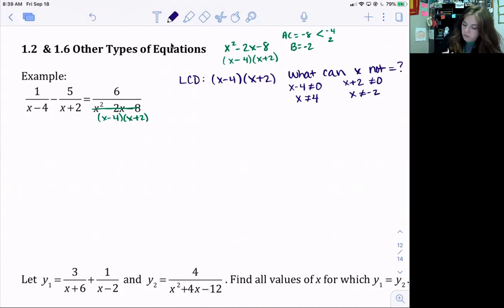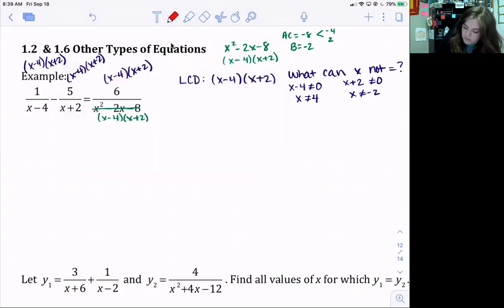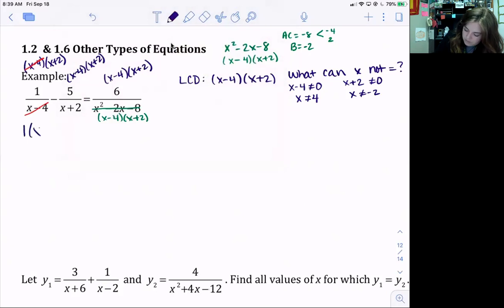Now we're going to multiply every term by that least common denominator. So x minus 4 times x plus 2, x minus 4 times x plus 2, and again x minus 4 times x plus 2. And now we're just going to cancel. On our first term, the x minus 4's cancel, and we're left with 1 times x plus 2.